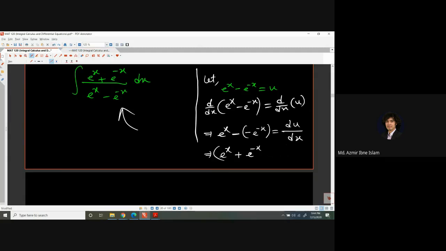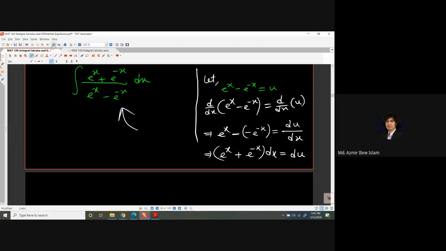So e to the power x plus e to the power negative x dx is equal to just du. On the right side we can keep u terms or du terms, or with du terms we can keep any constant. Finally we have found e to the power x plus e to the power negative x dx as du.